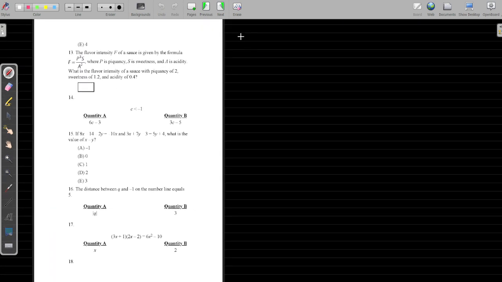Now number 13. Here they have given that the flavor intensity F of a sauce is given by the formula F equals P cubed S divided by A squared, where P is piquancy, S is sweetness, and A is acidity.